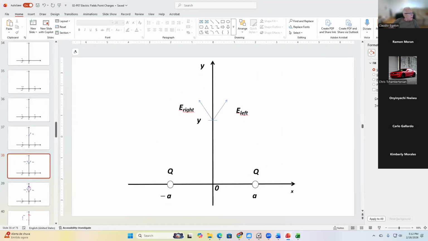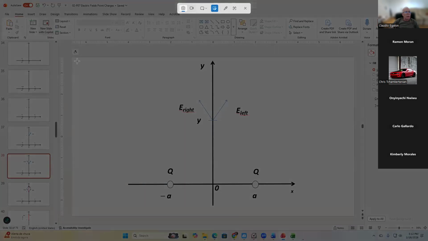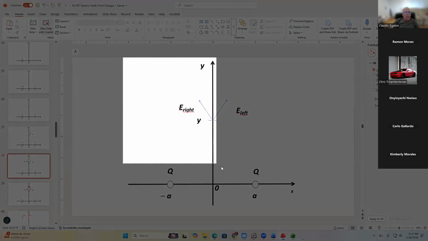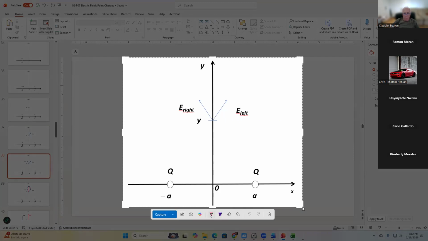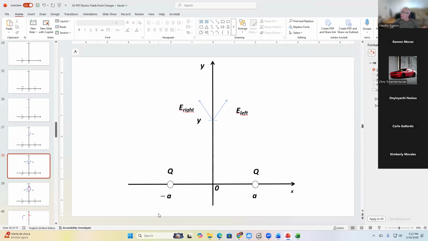Oh, I hate that. Let's try again. Here's the snipping tool, right? It's supposed to copy this thing. Capture, right? I want to capture. Then what happened? Disappeared. Anybody know how to fix this problem with the snipping tool?